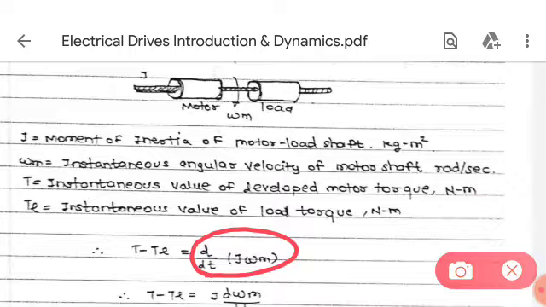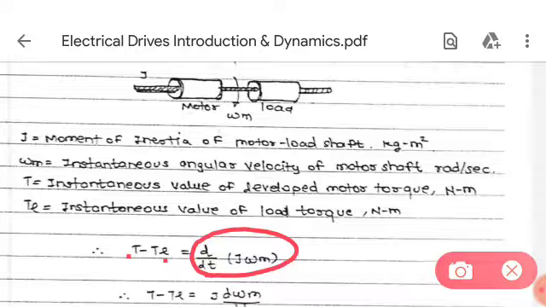This is also torque, isn't it? Torque, one torque minus another torque, obviously it should be some torque. So this quantity is the derivative of J into omega m with respect to time. So this is also a torque which is called the dynamic torque.